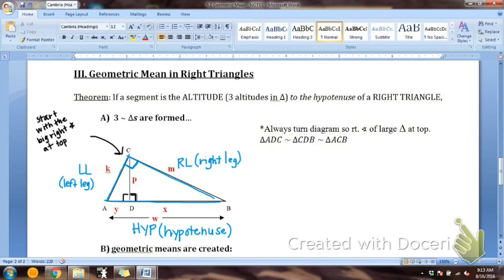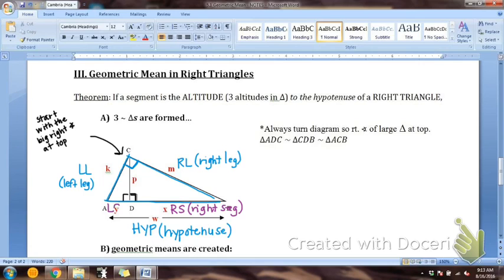All right, then X down here is going to be your right segment. So if X is your right segment, what do you think Y is? The left segment, okay?